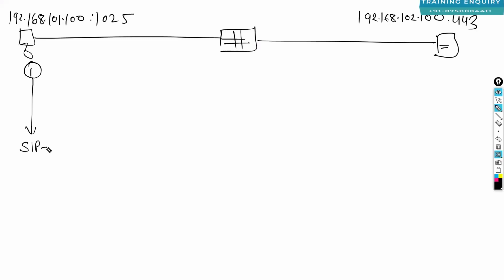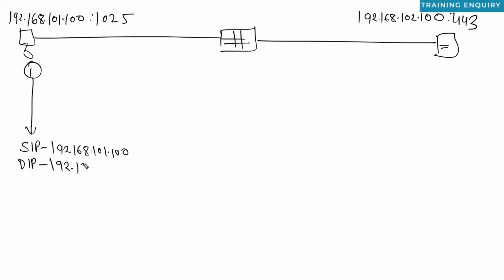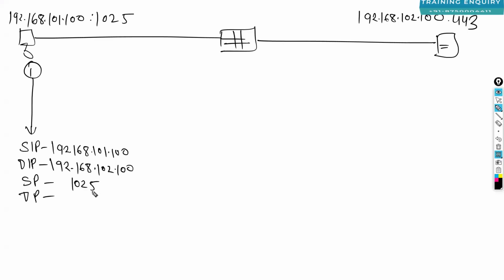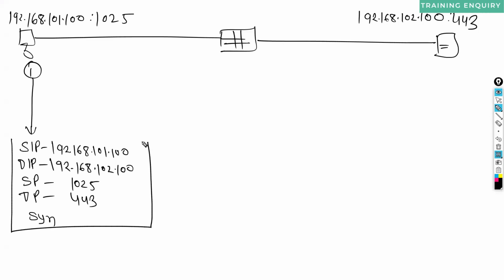The packet will contain source IP 192.168.101.100, destination IP 192.168.102.100, source port 1025, destination port 443. It is the first TCP packet, so the TCP SYN flag will be attached to the packet.